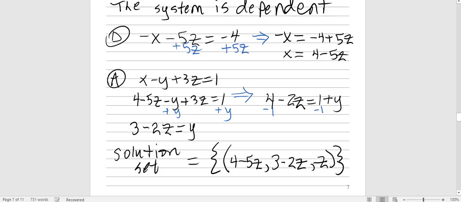So I get infinitely many solutions, and I have total freedom to pick a real number value for z, but once I pick that, then the x is determined by 4 minus 5z, and the y is determined by 3 minus 2z. So that's infinitely many solutions, but they have a very specific form. So that's how I would work problem 7.